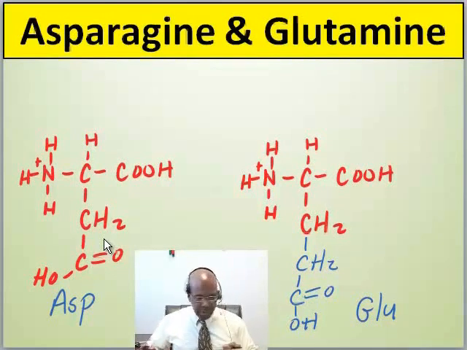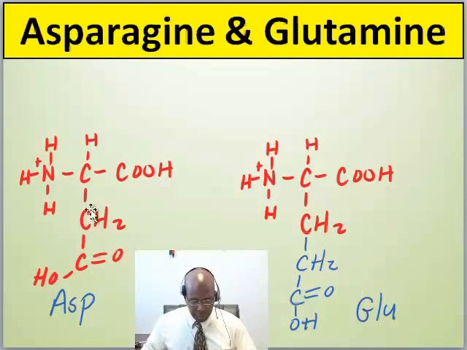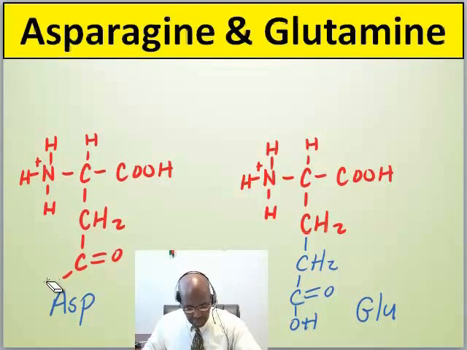Okay, all we have to do to convert aspartic acid into asparagine is remove the OH. I'm going to get rid of this. We're going to remove the OH here, and now we're going to replace it with an NH.